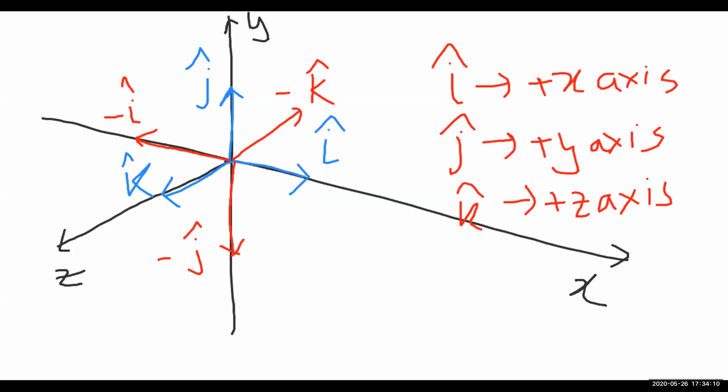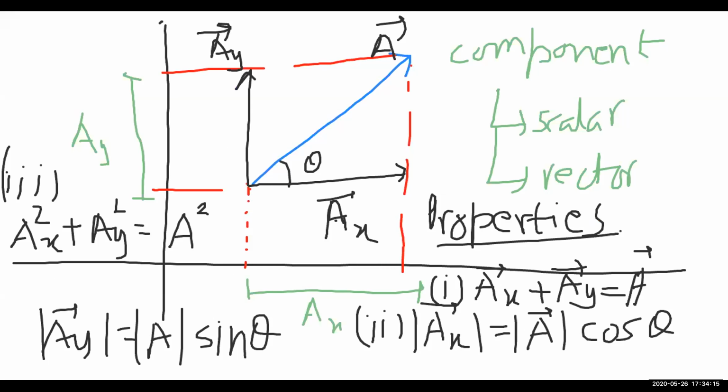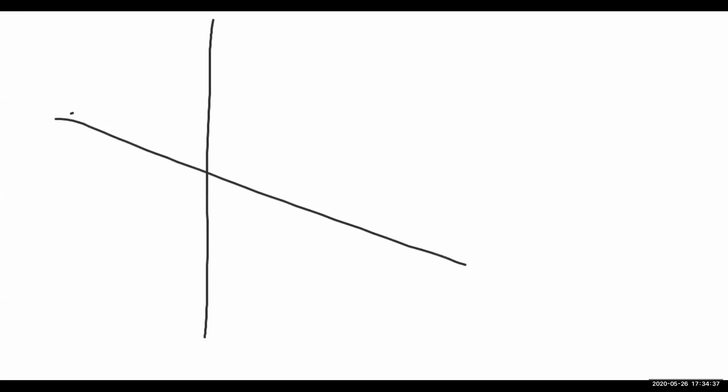So to do that, what we are going to do is that we are going to define, so this is the y-axis, x-axis, z-axis, minus z-axis. So we are going to define the vector I cap like this.